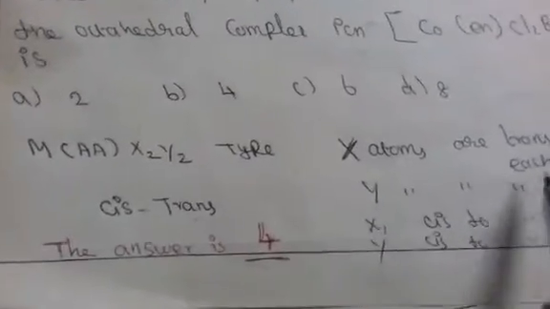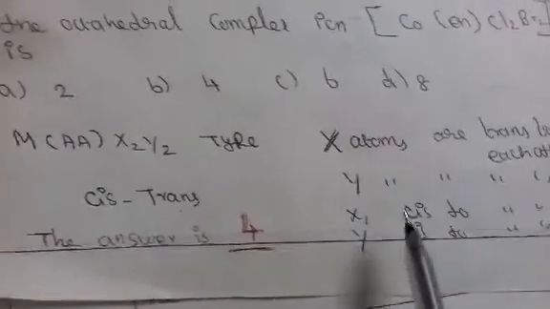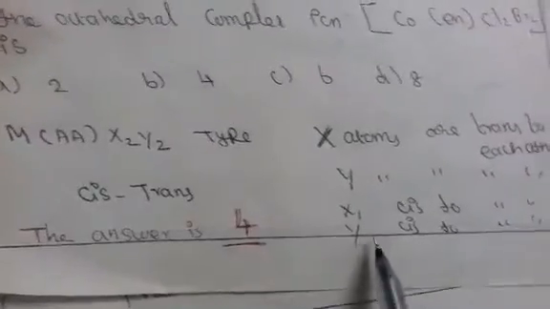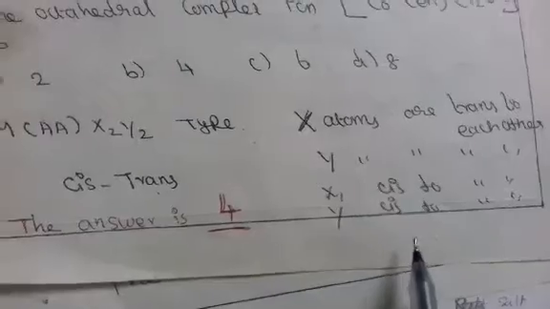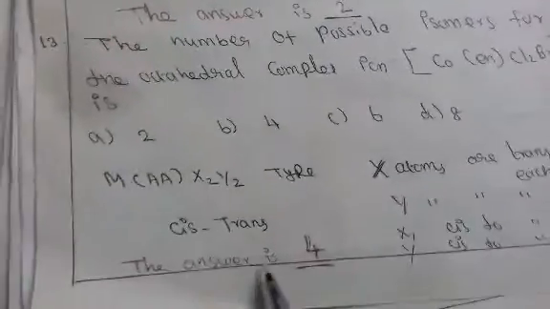X atoms are trans to each other, Y atoms are trans to each other, X atoms are cis to each other, Y atoms are cis to each other. So the total number of isomers in this complex is 4.